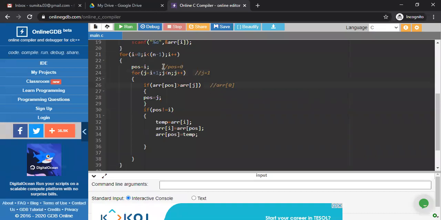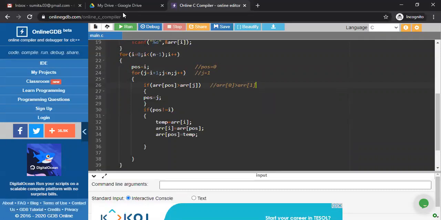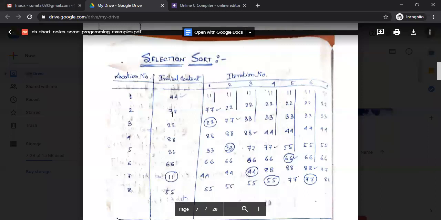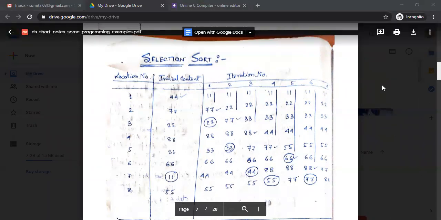So ARR0 is greater than ARR1? If so, then position is equal to J. According to that, 44 is not greater than 77. Am I right? According to whatever I have written in my code, one minute.